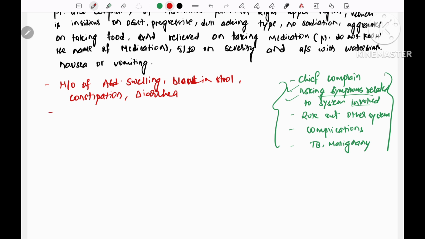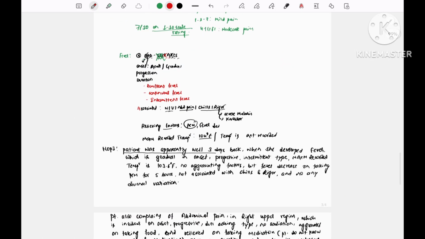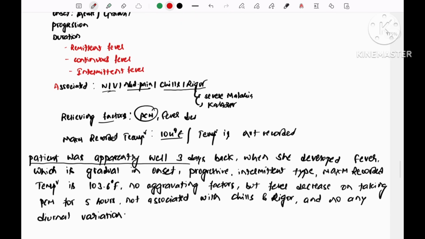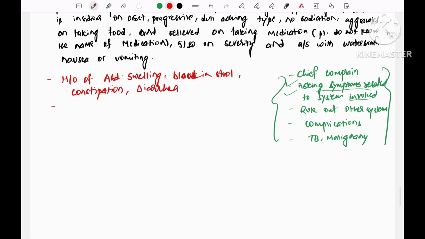Now to rule out other systems, there is one practice in our hospital: in the medicine and surgery group, if the chief complaint is just fever and abdominal pain, then only the history relevant to the differential diagnosis made from fever and abdominal pain should be ruled out.